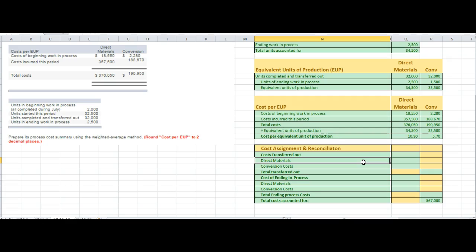So here we go: 32,000 times $10.90 comes to 348,800. Our conversion costs were 182,400, that's 32,000 times $5.70. And we have a total here of 531,200. These are the costs transferred out. And this is what's left in ending inventory.